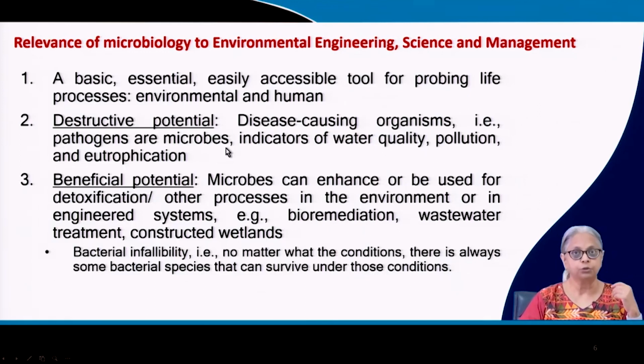These pathogens can be microbes or higher organisms like worms, which we will not get into, but we will focus on the microbial pathogens. We also use microbial species, especially bacterial species like E. coli, as indicators of water quality. For those of you who come from the water quality background or from civil engineering, environmental engineering, those of you who have studied any of these disciplines, you must know that we are required to monitor coliforms in water.